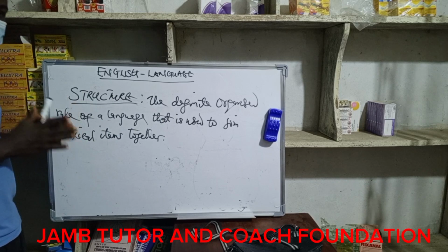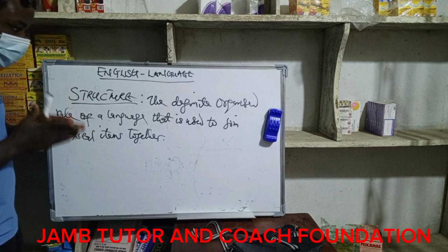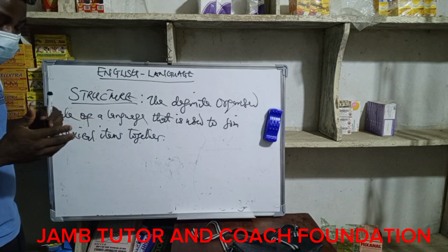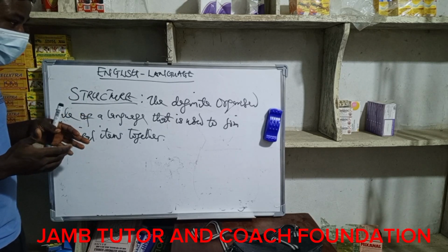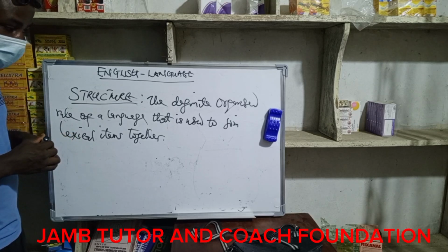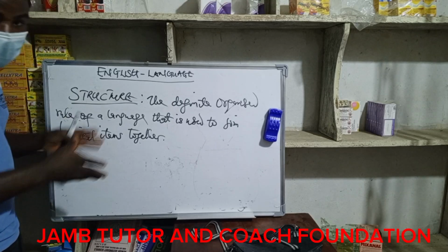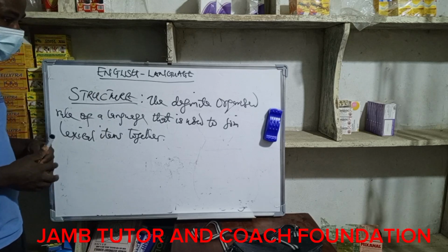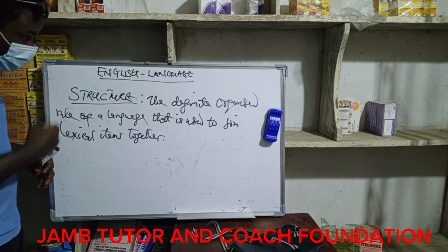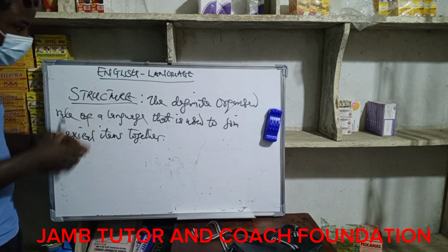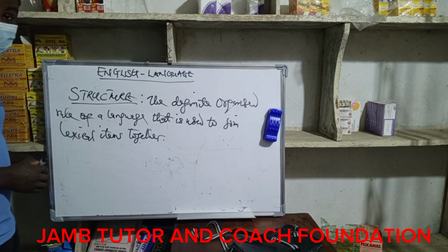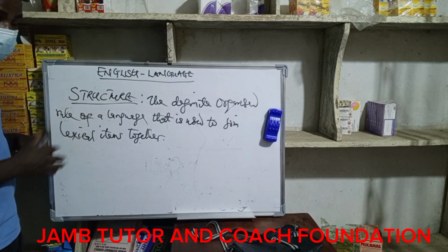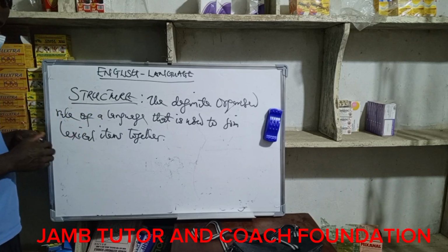So in an English language examination on structure, it is the examiner's quest to know if you really know the rule binding two words together in a sentence. So the examiner will test you on the rules, the laws that govern the combination of what? Lexical items together in a sentence.